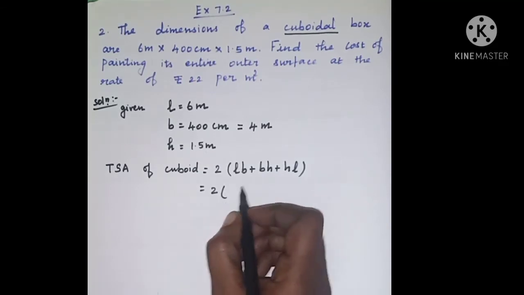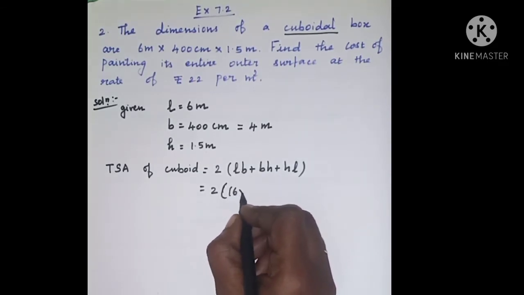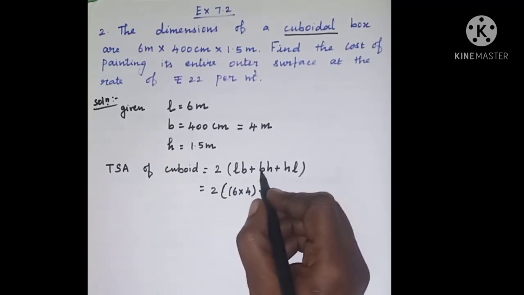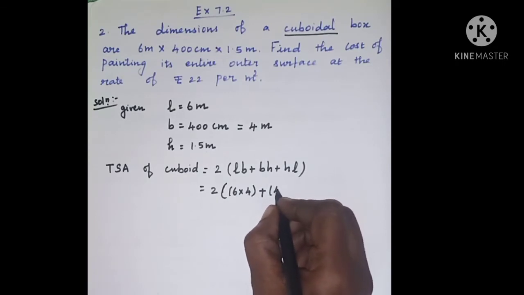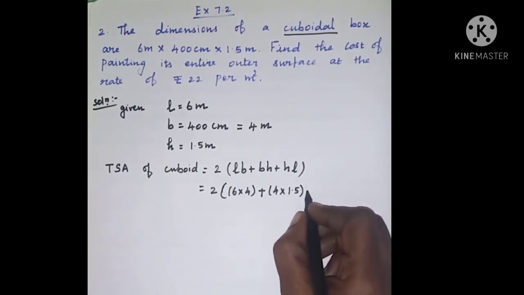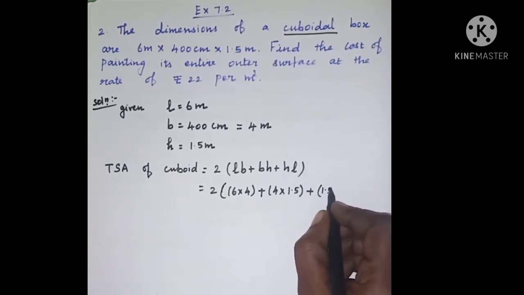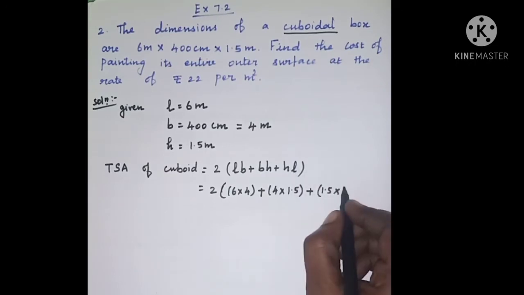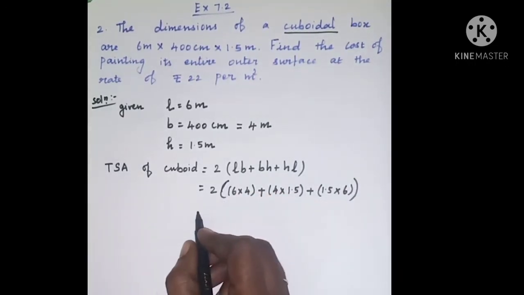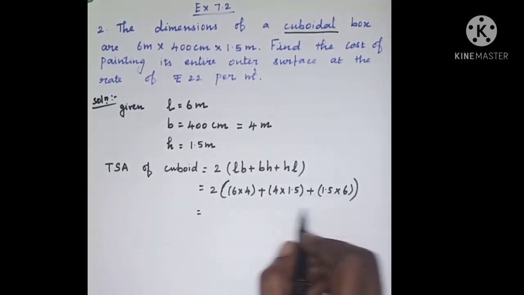So 2 into, what is your L? L is 6. 6 into B is 4, plus the value of B is 4 again, and height H is 1.5, plus H is 1.5 into L is 6. So now we have written the values of L, B, H in this formula.